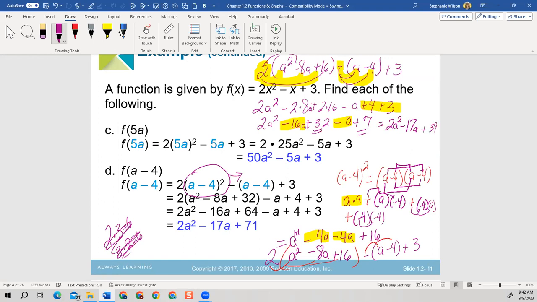Let's look at their math here. Did I do 16 times 2? Did I miss something there, guys? So let's look at that and see what we missed right quick, because they have a 64 here.